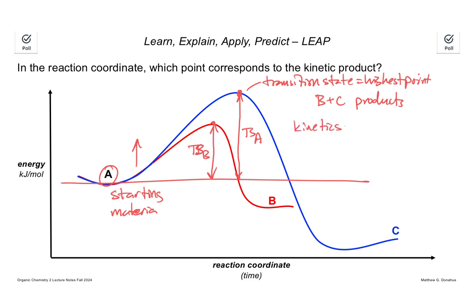So kinetics deal with rates. So it's easier to get over hill B than it is to C. So product B would be the kinetic product.